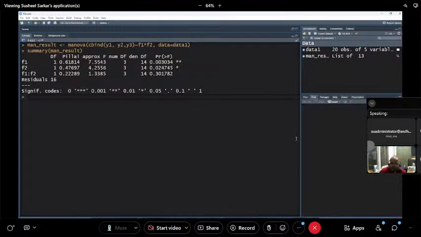Here the levels of factor 1 having 3 dependent variables are significantly different from each other at even the 1% level of significance. For factor 2, this is significantly different at the 5% level of significance. But the interaction is not significant.